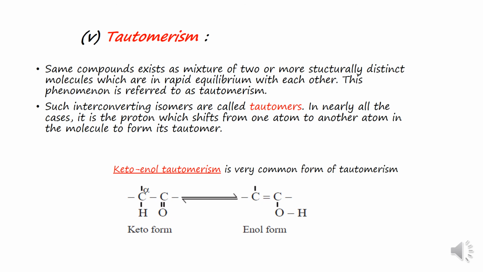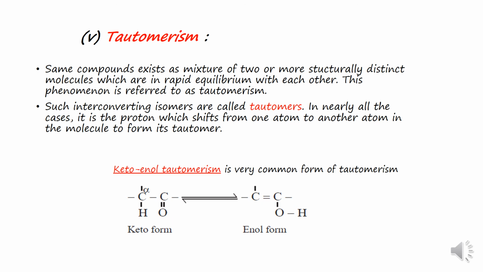So as soon as this hydrogen is shifted to oxygen, an alcoholic group has formed, and the two carbon atoms are bonded with a double bond, which is represented by the -ene suffix. So this is why we call it keto-enol.